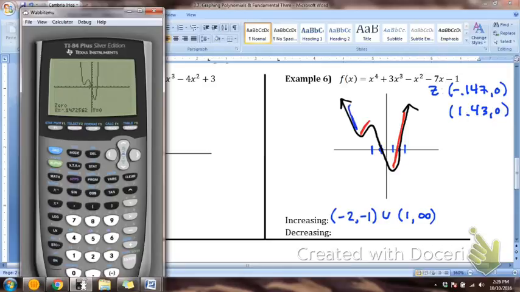So the line going from infinity going down, that would be decreasing, right? Over here, this blue line, right here. That would be decreasing, right? Yes, so that's coming from negative infinity to about -2.